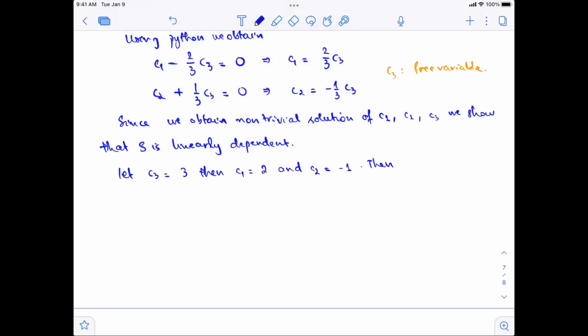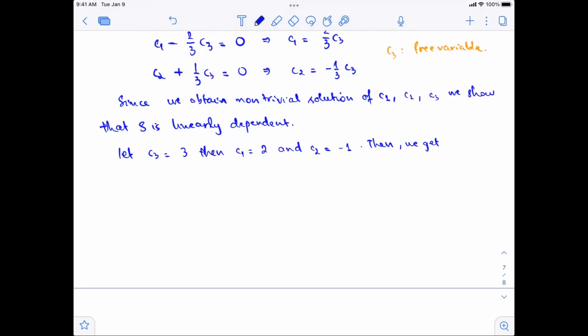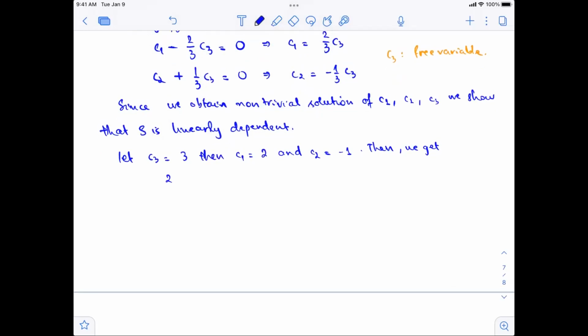Then we get that 2v1 - v2 + 3v3 is going to be equal to the 0 vector, or rather v2 = 2v1 + 3v3.